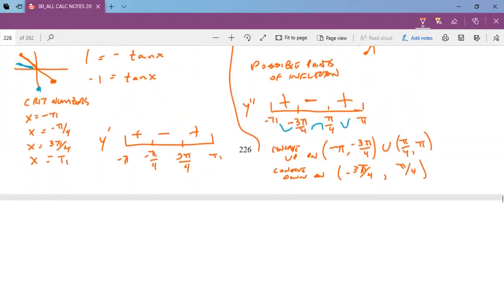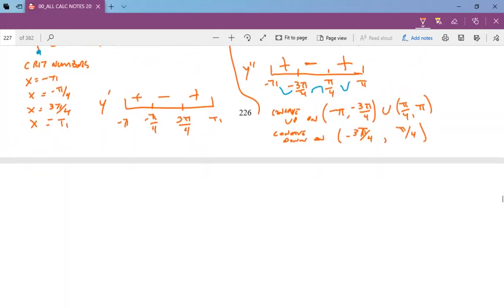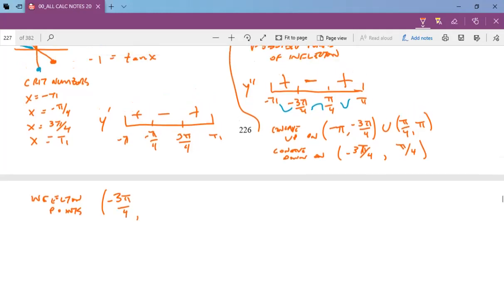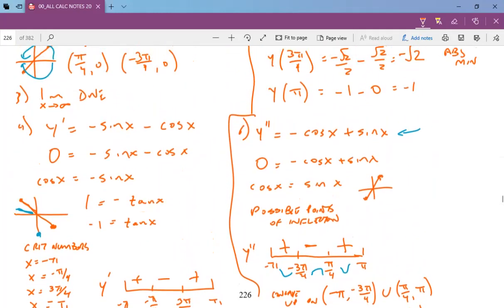We are almost ready. I do have to mention inflection points. We have inflection points where this is changing concavity and it's going from concave up to concave down. And it's defined at all those numbers. So we have inflection points at negative 3 pi quarters. We do have to consider our function value at negative 3 pi quarters.